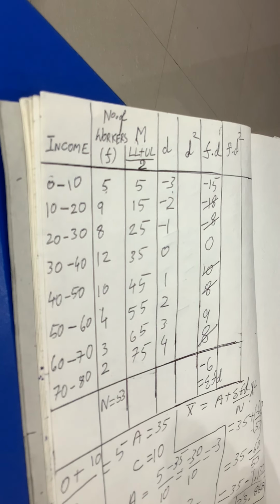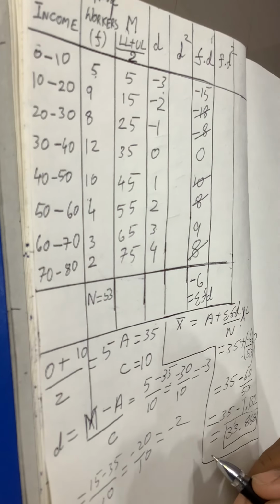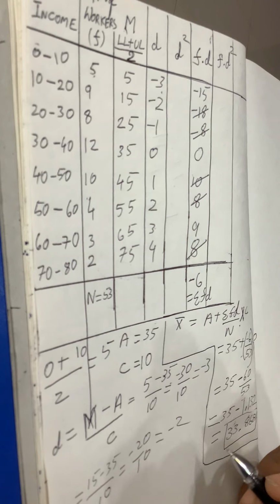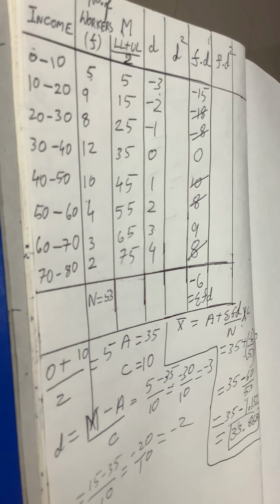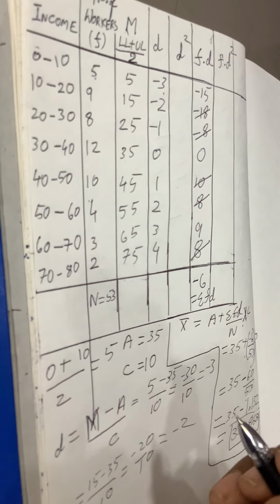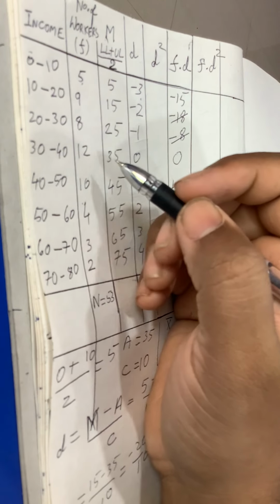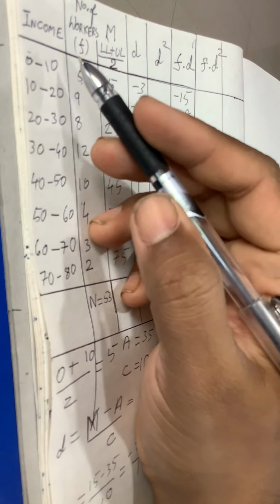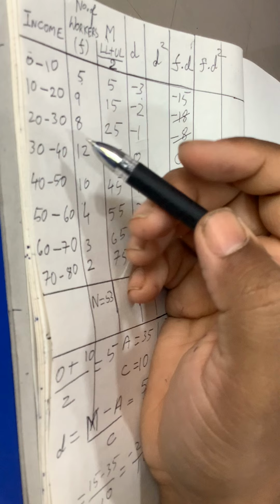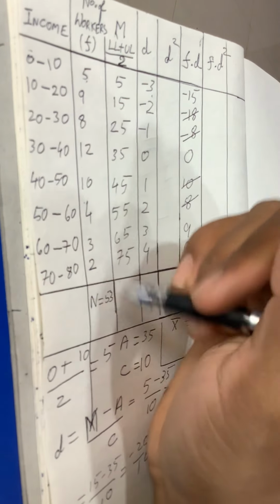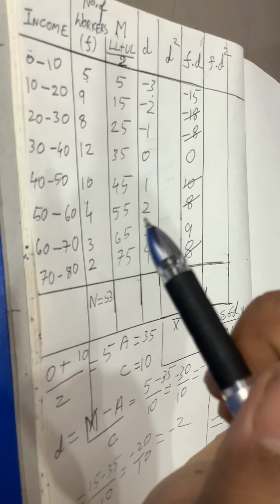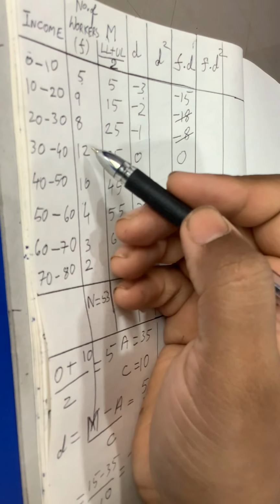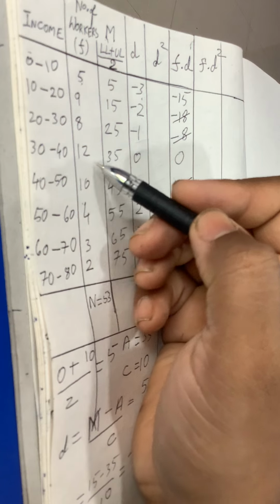Now the next step is to calculate the mode. The mode calculation is very simple for us, because we will use the simple formula and not the longer method. The way to calculate mode is, first identify the class interval with the highest frequency. If there are multiple such class intervals, this method won't work. We need one class interval with the highest frequency. Here, luckily for us, we have only one class interval with the highest frequency of 12.